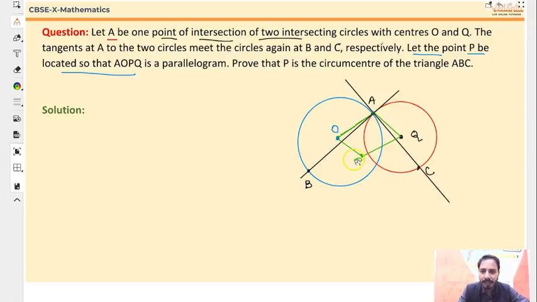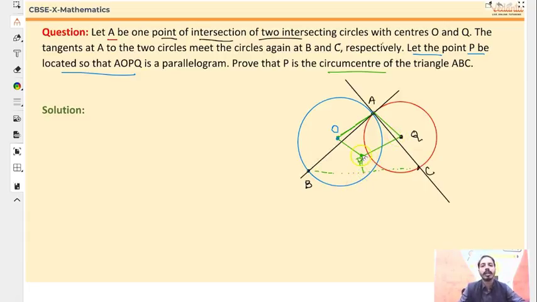Now they're saying prove that this P is the circumcenter of triangle ABC. That means now you need to draw this triangle ABC. If you draw this triangle ABC, this point will be the circumcenter. Now what is the circumcenter? If we draw perpendiculars on the sides that bisect the sides.